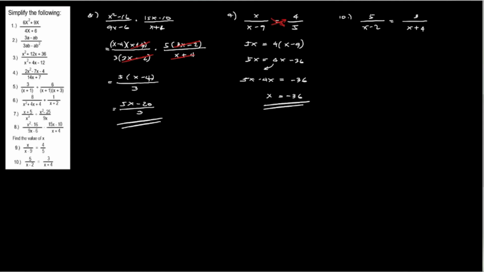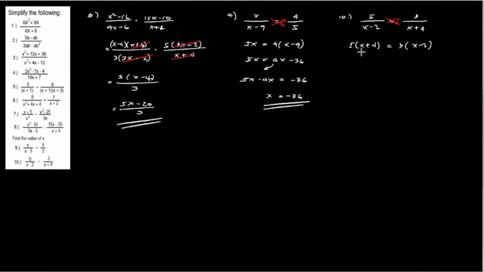Same procedure, cross multiply the numerator and the other denominator, so 5 times x plus 4 is equal to the other cross multiplication, x minus 2 multiplied by 3, which is 3 times x minus 2.